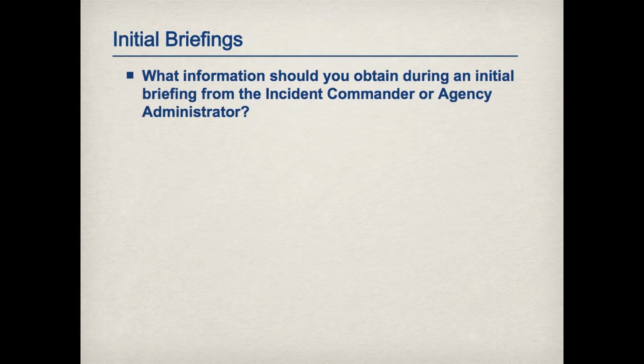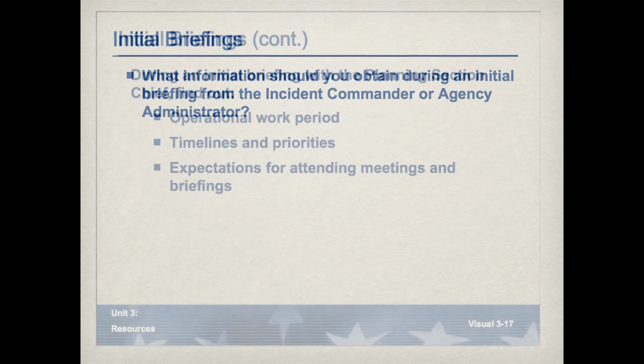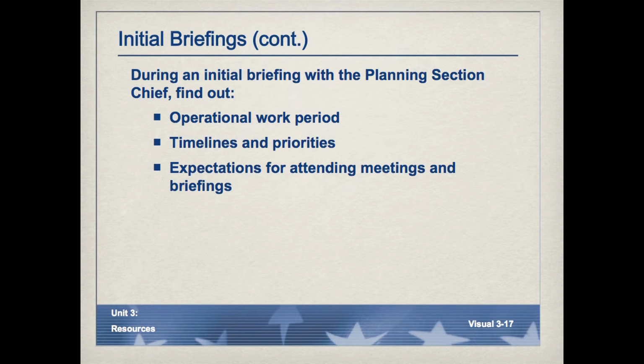Information that the resource unit leader should obtain includes incident size and potential, procedures for ordering resources and supplies, resources at the scene, operational work periods, where the incident command post is, location of other incident facilities, any safety concerns and hazards, staffing information for the resources and demobilization, the ICS Form 201, incident briefing, the ICS Form 209, incident status summary, and the incident action plan.